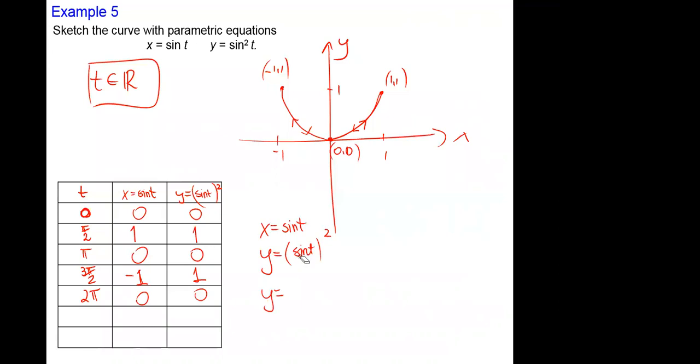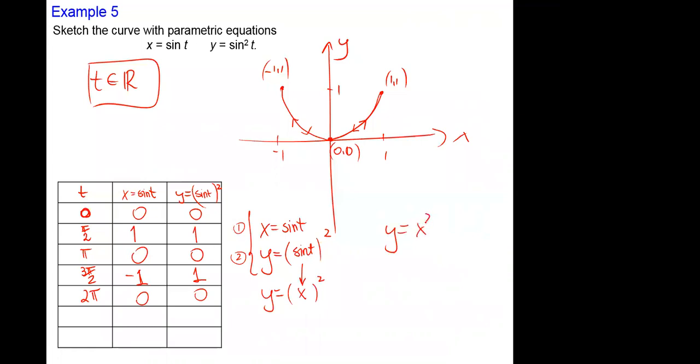How is sine of t defined in terms of x or y? Yes, but just instead of sine, what can I put? Sine of t. Oh yeah, Ryan, you can use the first equation. This is the first, this is the second. It's just x, right? You can see sine of t is just x.